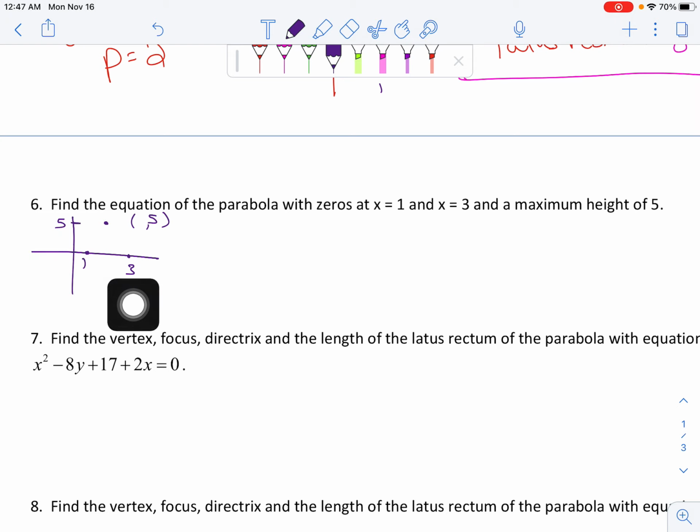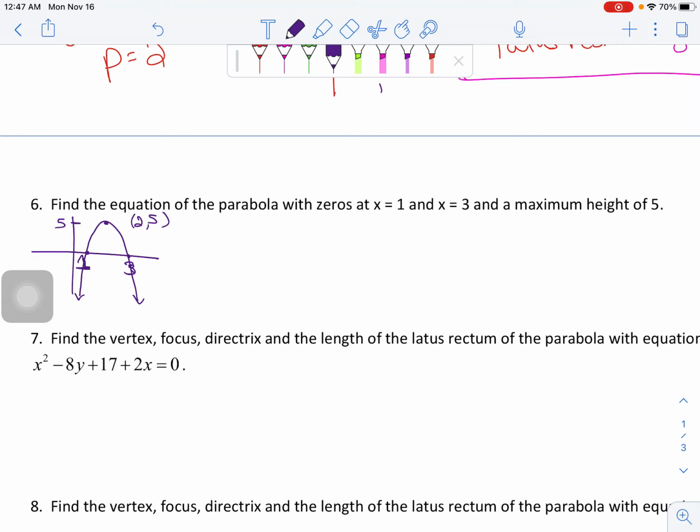So if you have a 0 at 1 and a 0 at 3, there's a line of symmetry that would go through the vertex, and it's halfway between your two zeros. Well, if your zeros are at 1 and 3, the halfway point would be 2. So this tells me we have some kind of a parabola that looks like that. And there's the number 1 over there, there's the number 3 right there.